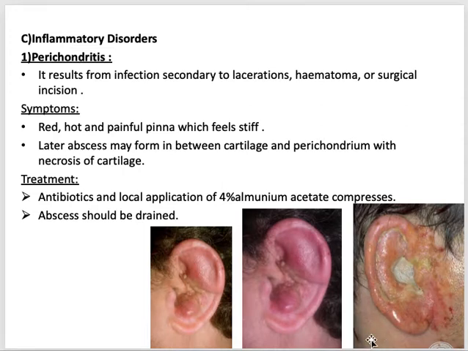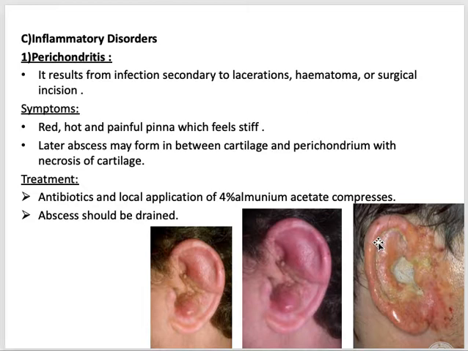Of course, the patient presents with a red, hot, painful pinna, and on examination you are going to see the same things. The bad thing is, if we do not control this, it will cause destruction or necrosis of the cartilage.